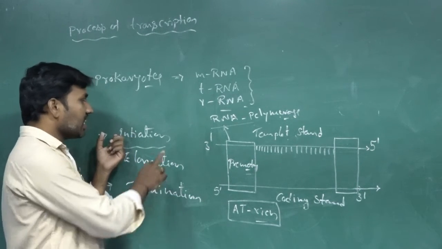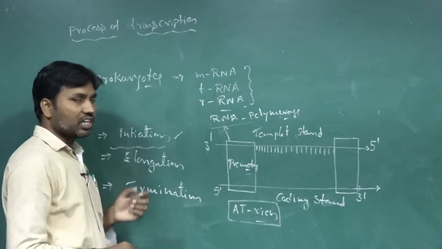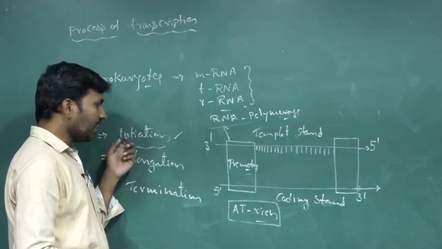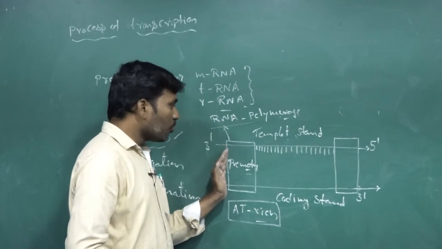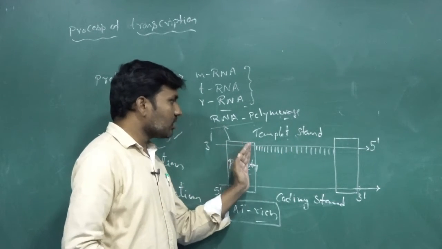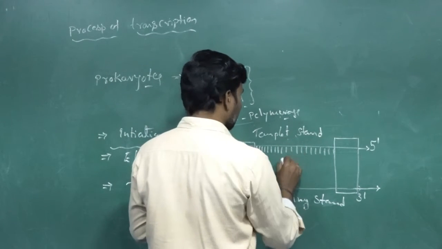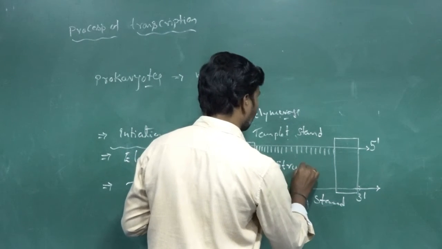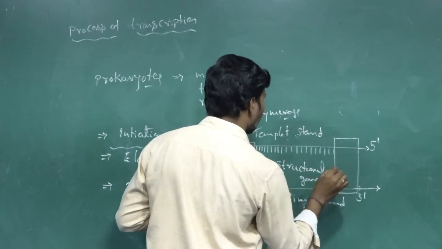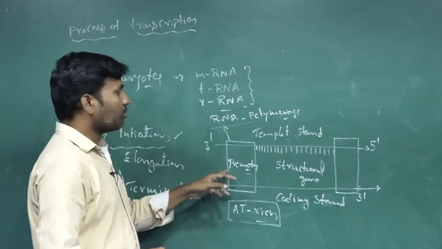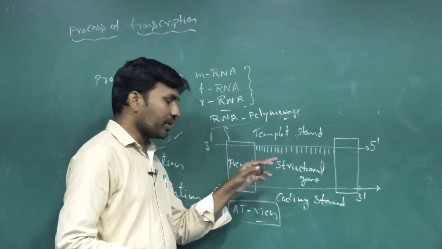That process is called the initiation process, which initiates the transcription process. Later the RNA polymerase starts moving towards the structural gene. This is the structural gene, and towards it the RNA polymerase starts its movement.